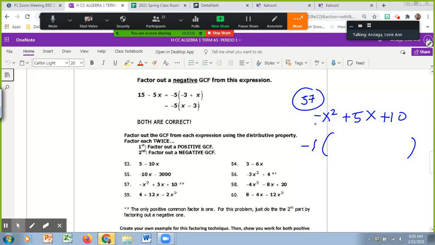Okay, so let's see what's going to happen if we divide each term by negative 1. What's the first term? Negative x squared divided by negative 1 is positive x squared. Perfect. 5x divided by negative 1 is negative 5x.